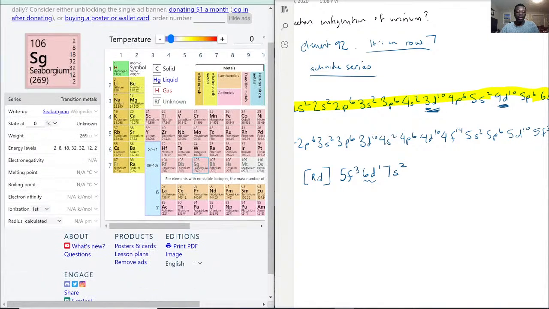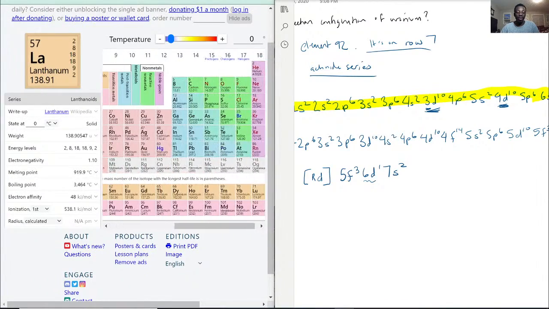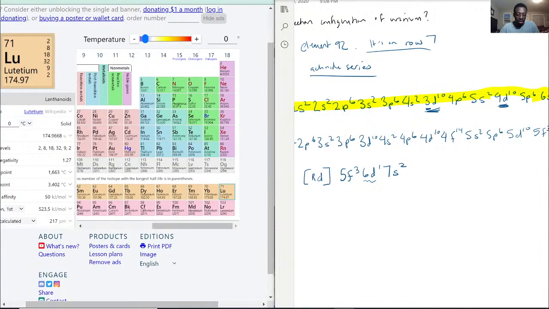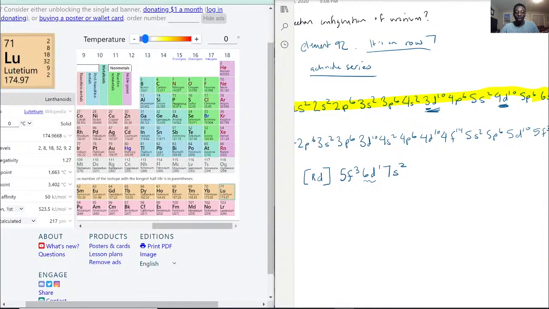The reason why I thought it would be the awkward one is because if you count from lanthanum all the way to lutetium, there's actually 15 elements instead of 14. So that last 15th element would be your d orbital again.